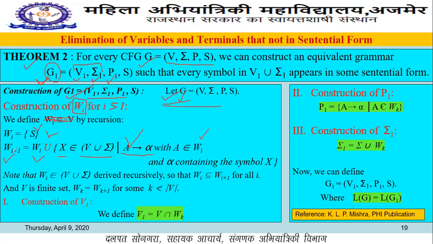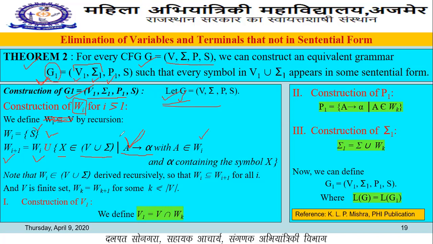If we are working on W2, then this Wi is W1, like this. This A is the variable on the left-hand side of the production. And of course we know that in a context-free grammar, the left-hand side has exactly one variable.